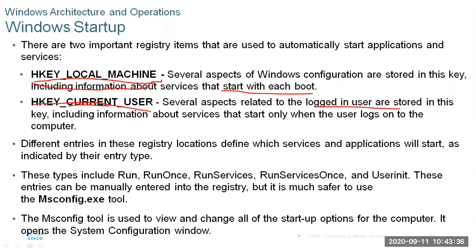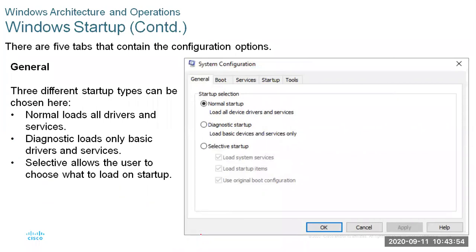The MSConfig tool is used to view and change all of the startup options for the computer, and it opens the System Configuration window. Remember that this topic is all about us understanding how Windows behaves and its architecture, how it rolls. There are 5 tabs when it comes to your configuration options.